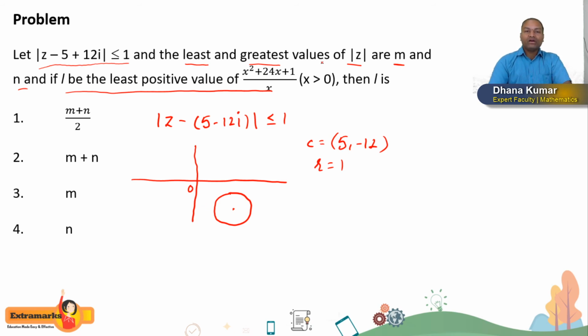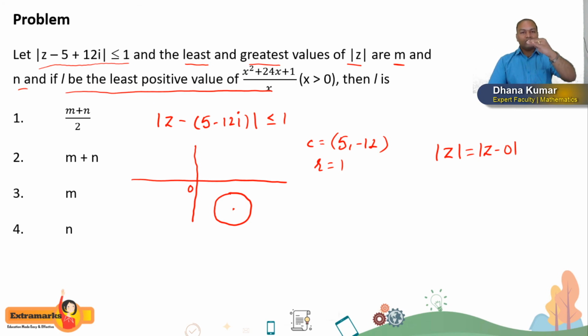Actually, what we calculate is the least and greatest values of mod Z. Mod Z can be written as modulus of Z minus 0. The modulus of the difference of two complex numbers indicates the distance. So the distance from the origin to point Z, the least and greatest values you have to identify.